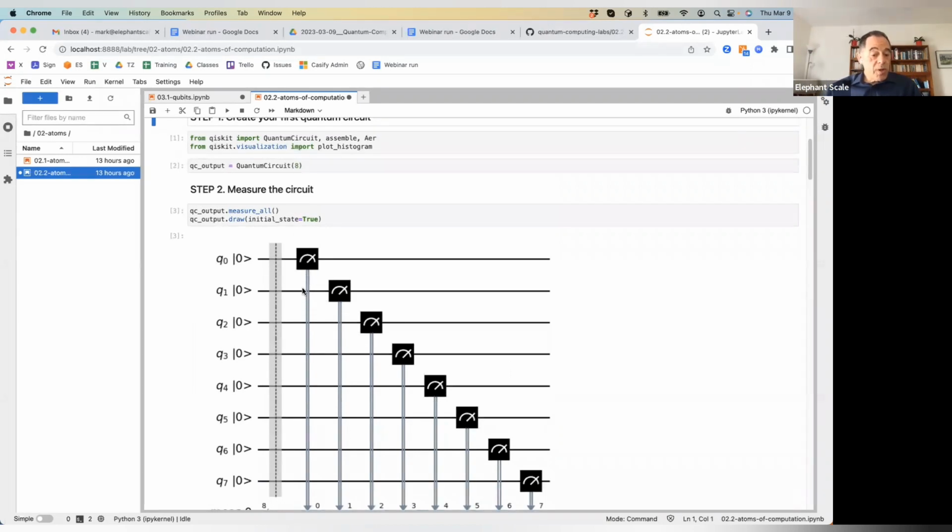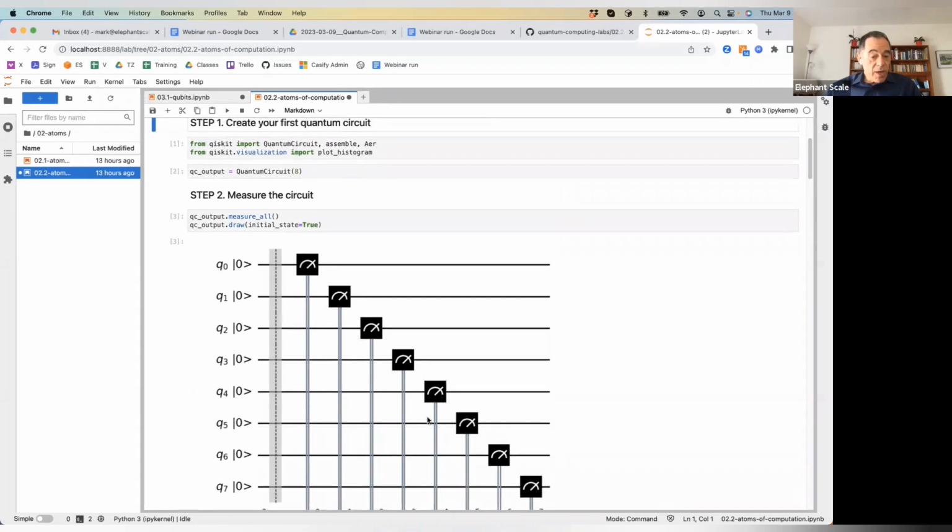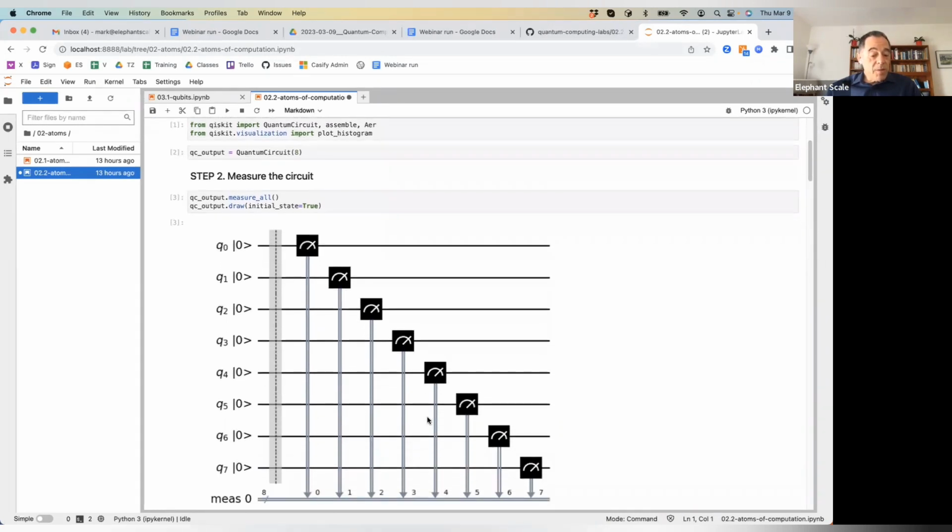And what can you do with those qubits? You can let them play, you can let them do their work, and then you can measure them and get the answer. The answer is real bits. So if I'm looking for a certain number that will be the result of my calculations, then I'm letting the qubits do the work.